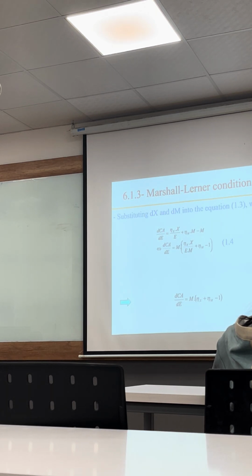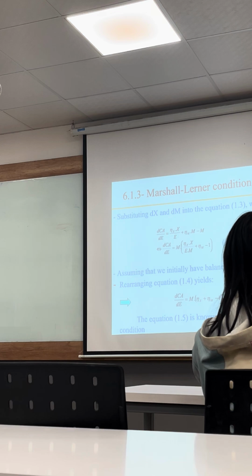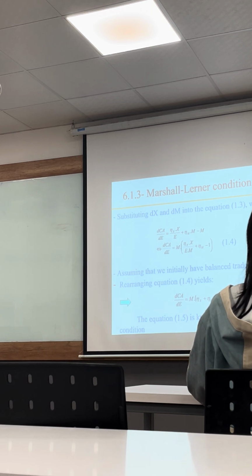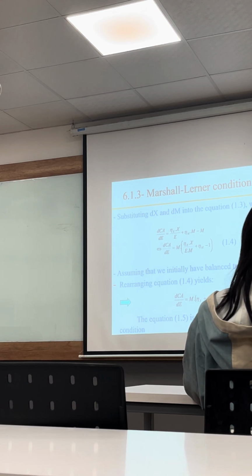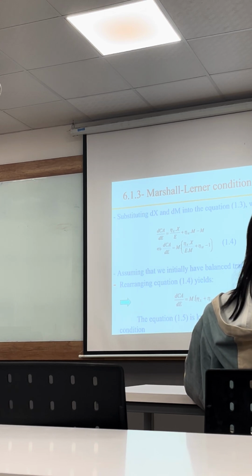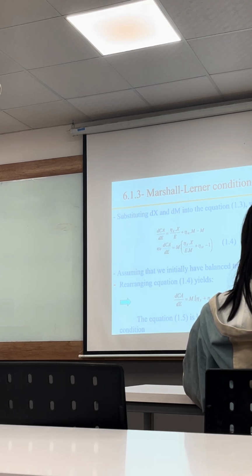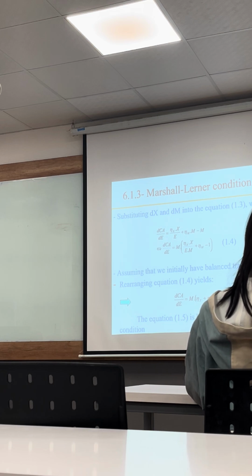So that's equation 1.5, the final result. This is the final result. Substituting the X and M into equation 1.3, we obtain equation 1.4, and then we assume that we initially have a balanced trade.